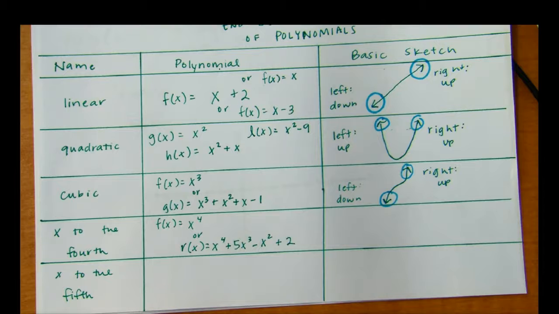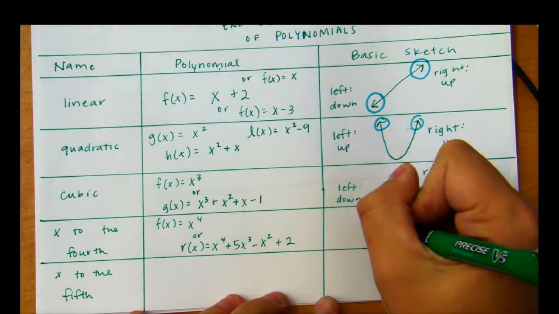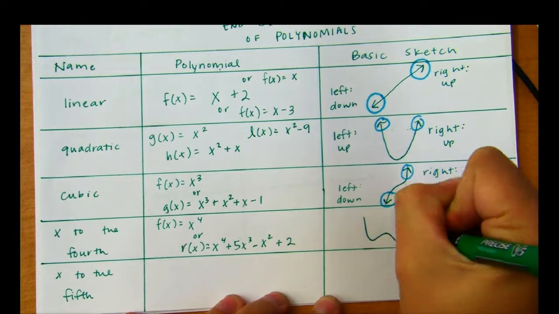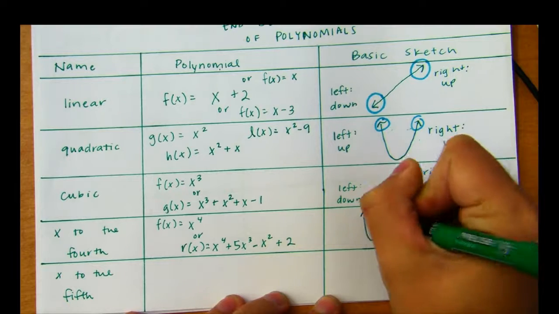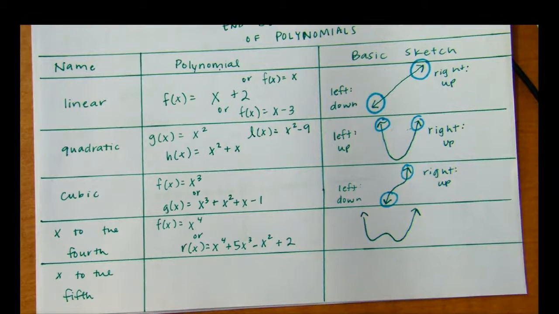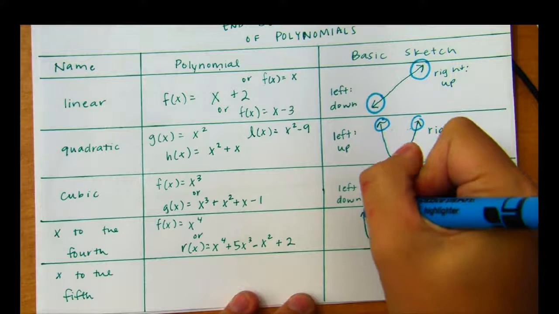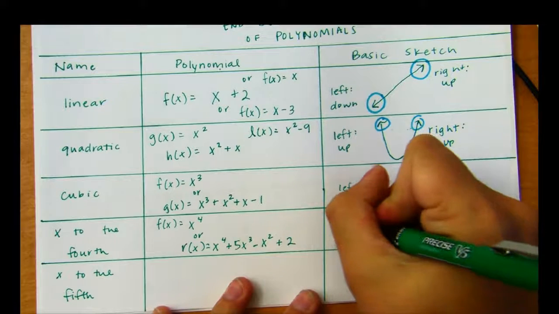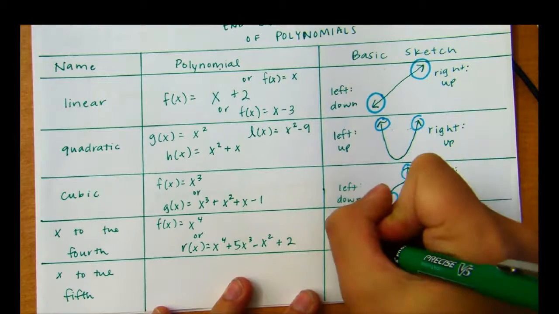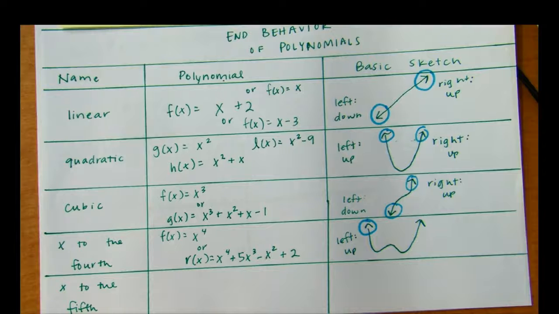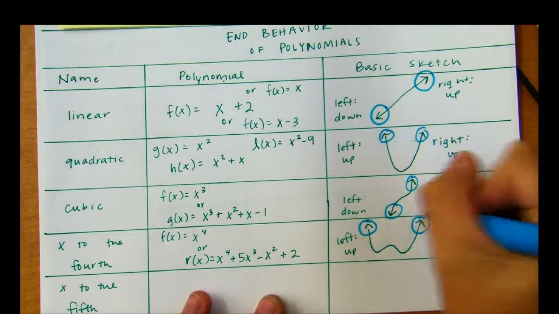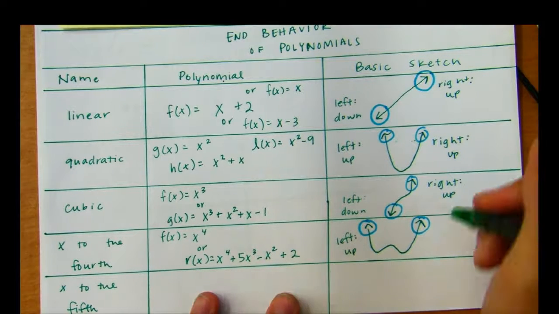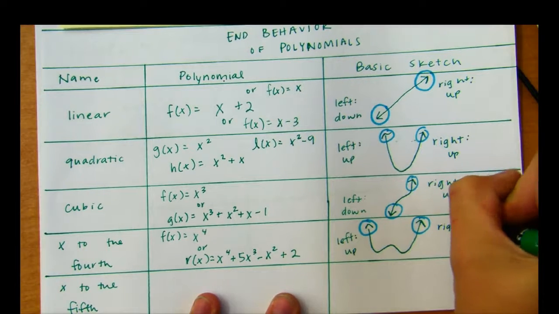In this case, my function is going to look something like this, where if I look at my end behavior on the left-hand side, my arrow is going up, and on the right-hand side, my end behavior is also going up.